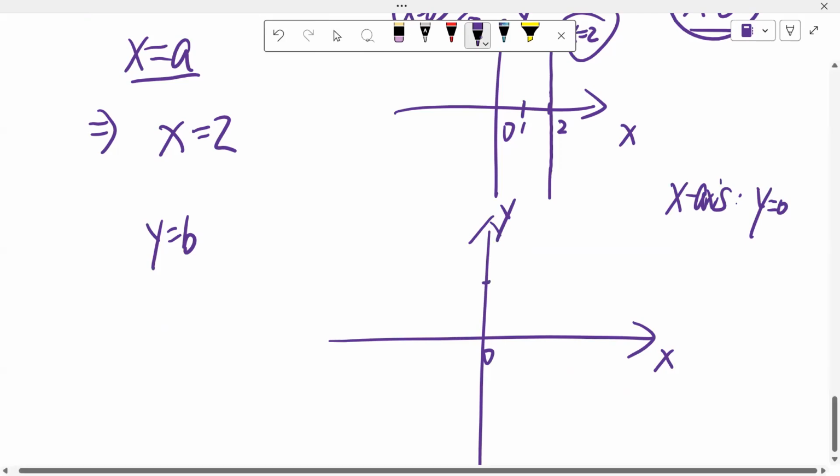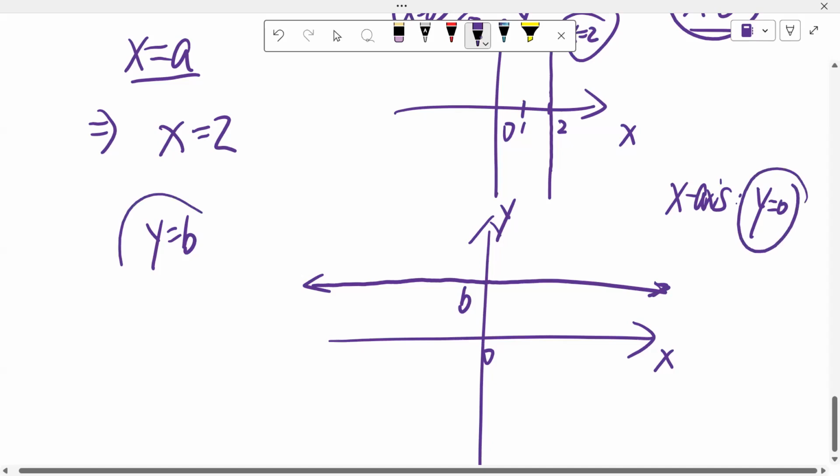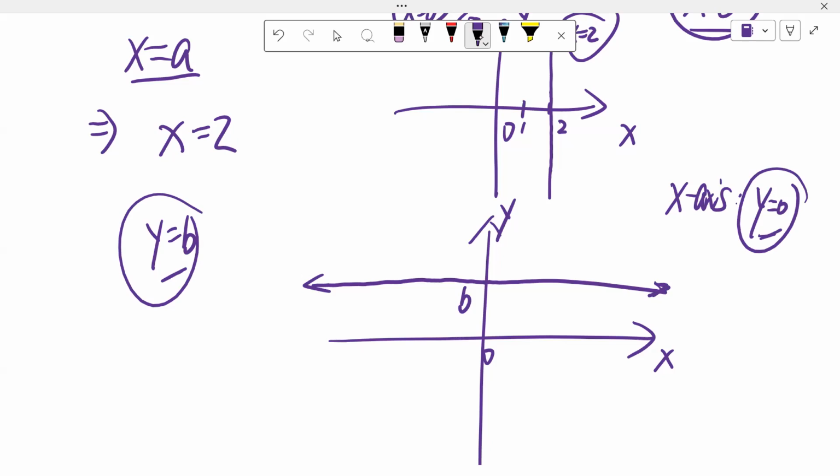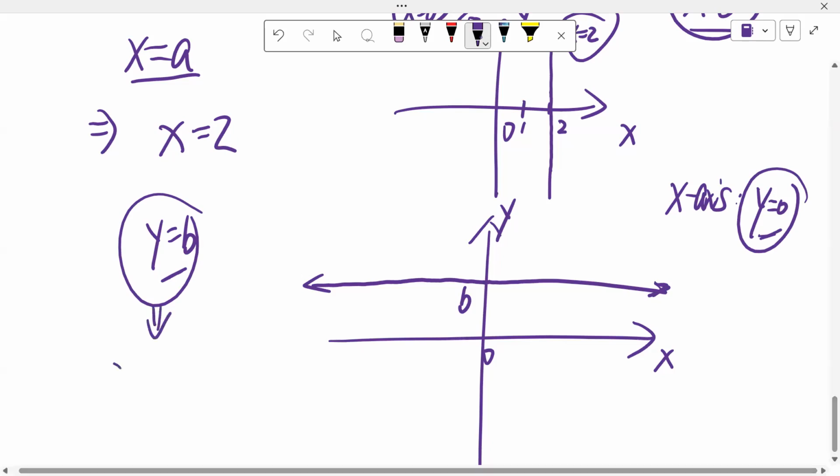It's a concrete number, and the line will look like this. It is parallel to the x-axis, because they have the same structure. A horizontal line means slope equals 0. All these horizontal lines have slope equals 0.